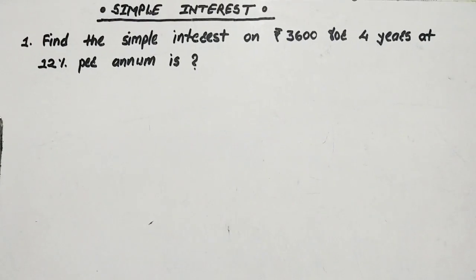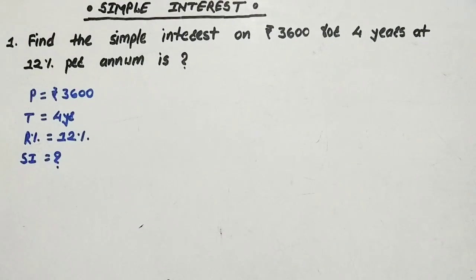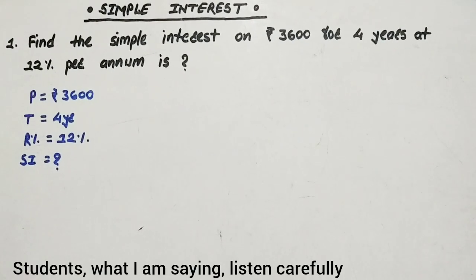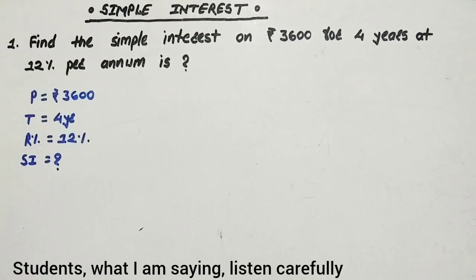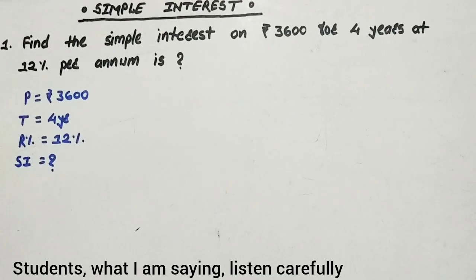So first I write the given data: principal is equal to 3600, time is equal to 4 years, rate of interest is equal to 12%, and find the simple interest.